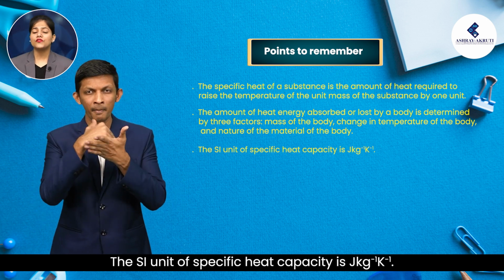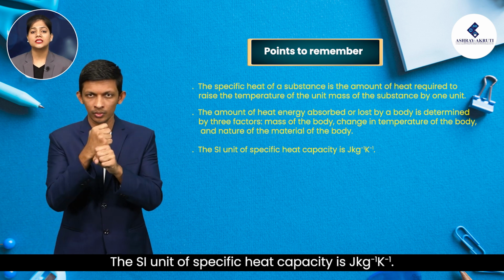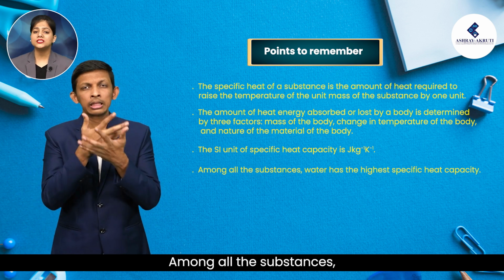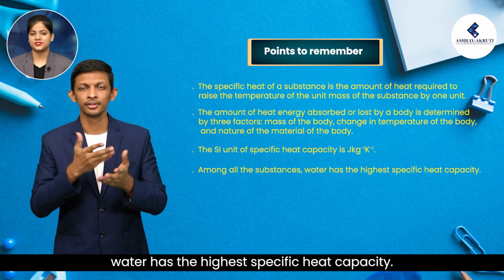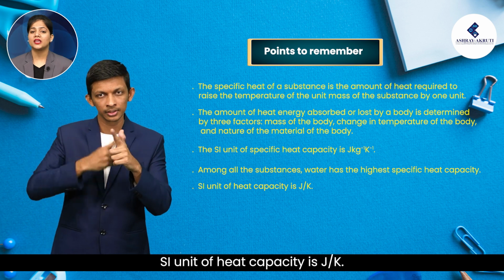The SI unit of specific heat capacity is joule kg inverse Kelvin inverse. Among all the substances, water has the highest specific heat capacity. The SI unit of heat capacity is joule per Kelvin.